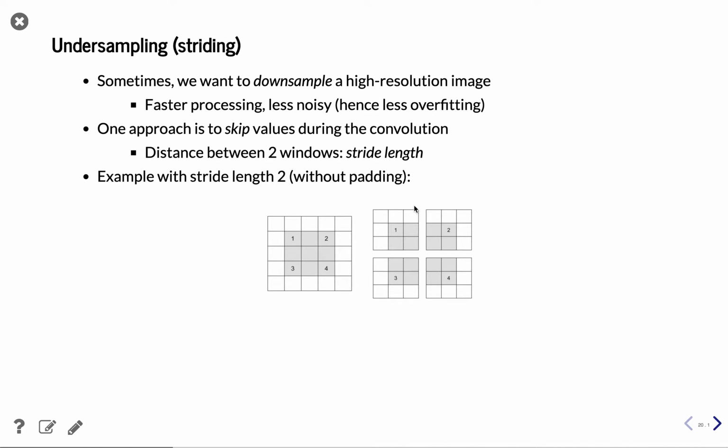So what this actually does, well, first of all, it drastically reduces the resolution of the images, which may be bad because we lose information. But on the other hand, if the resolution is quite high, we don't lose so much information. And it means that we have fewer weights to learn in the next layers, right?